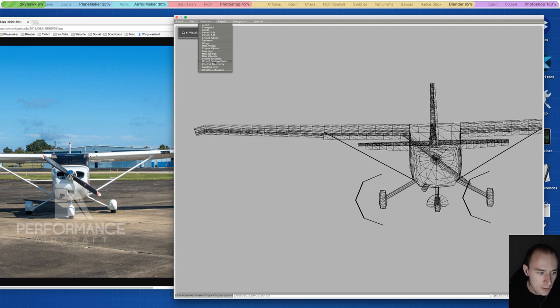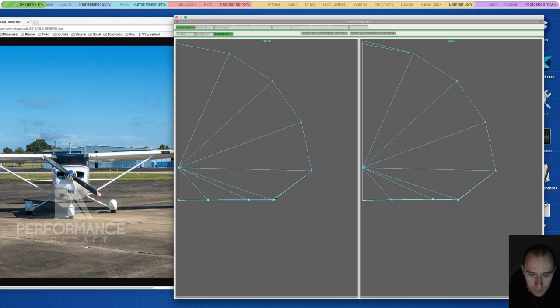Standards, wheel fairings. I should have actually also had a look at these other vertices in the front view, because then I would have known how much farther I should narrow them down.